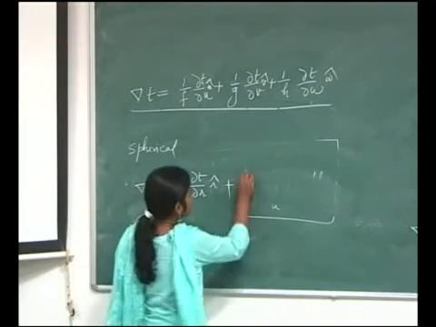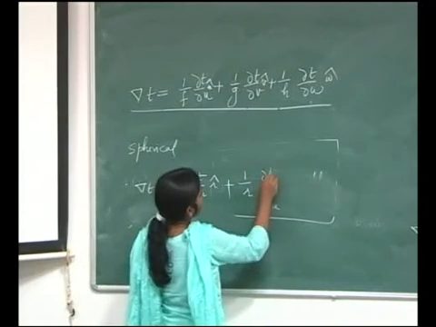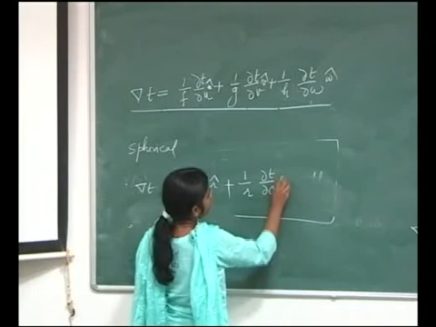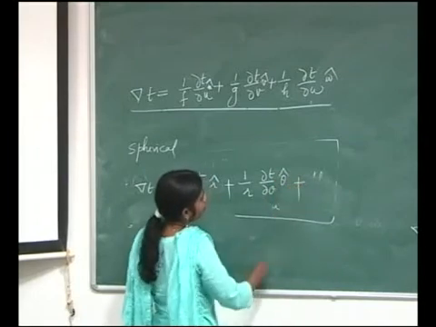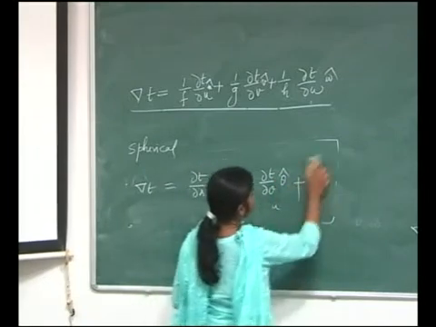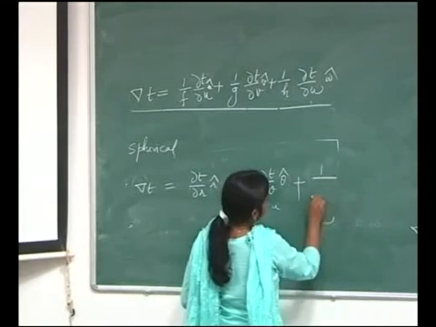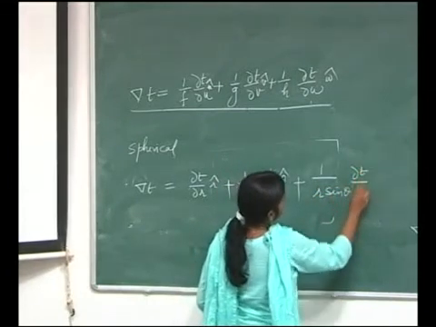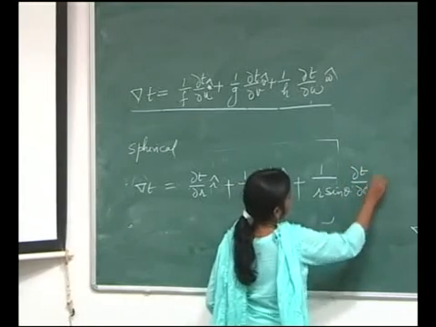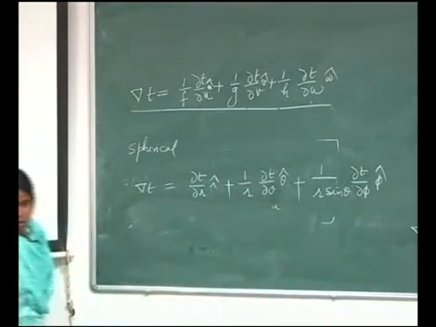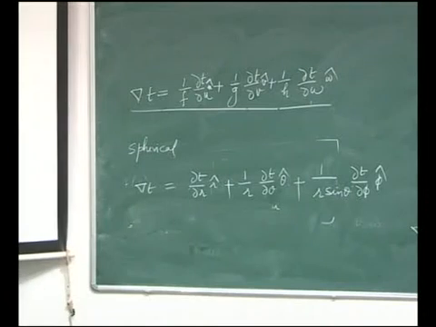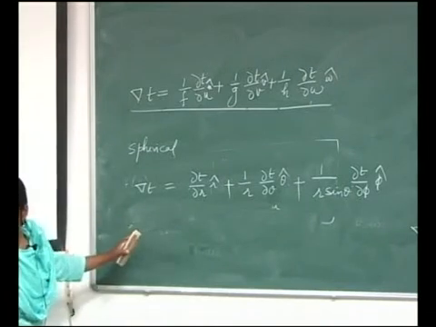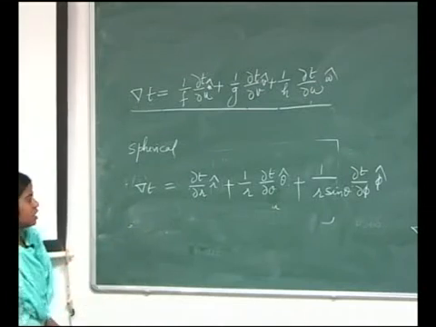R. So it is 1 by r del t by del theta, theta cap, and 1 upon h is equal to 1 by r sin theta del t by del phi, phi cap. Similarly, you can write for the cylindrical system also. Just substitute the values and you will get it for the cylindrical system.